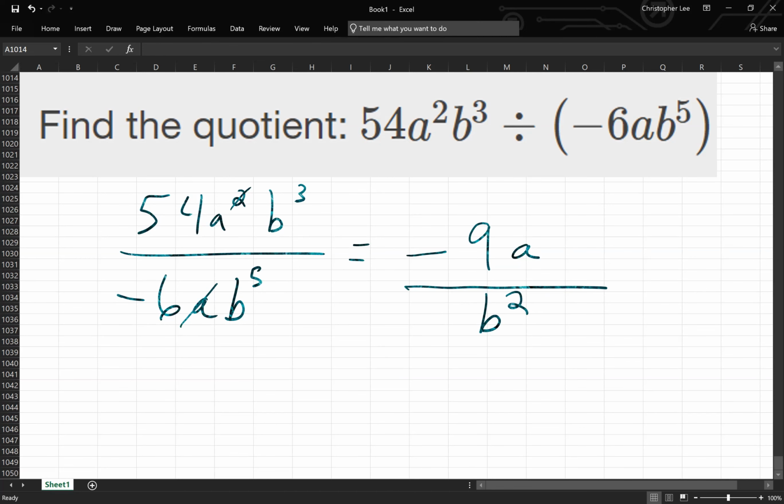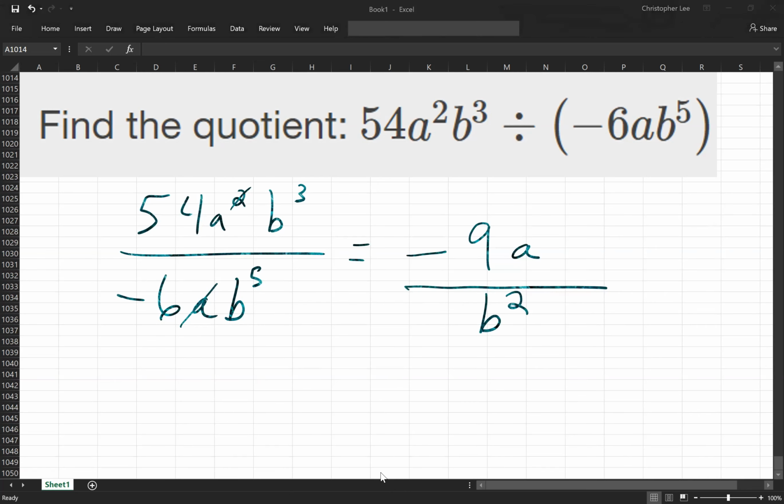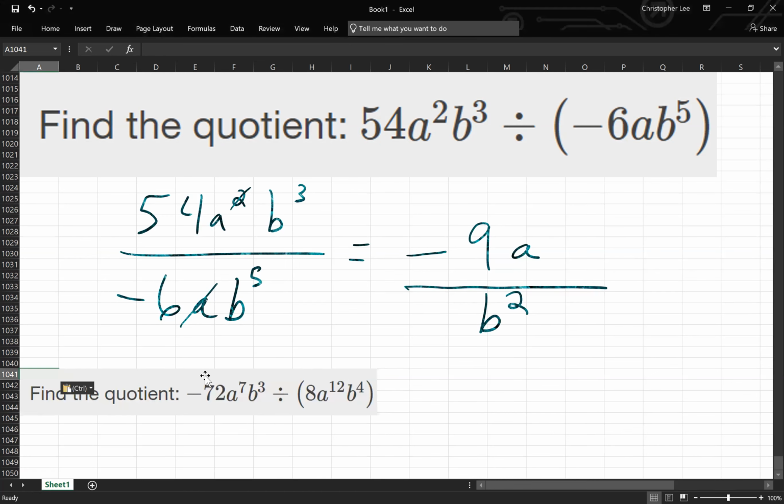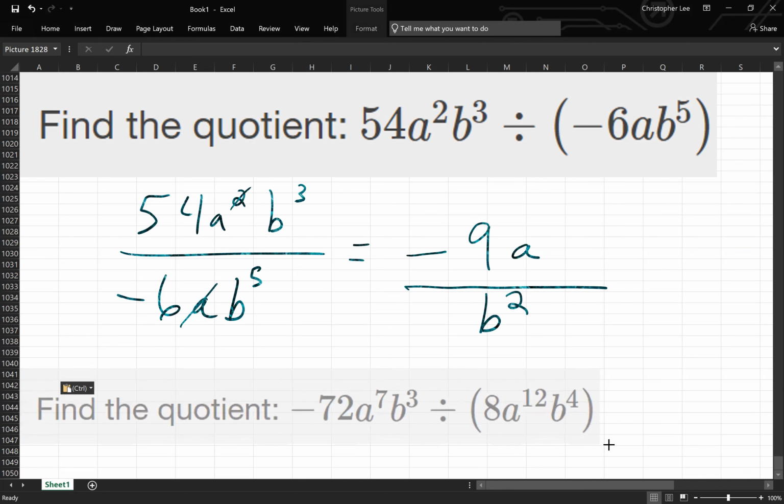All right, since we have no questions, I'll let you guys try one. Just divide them the way you know how to, right? Numbers with numbers, variables with variables.